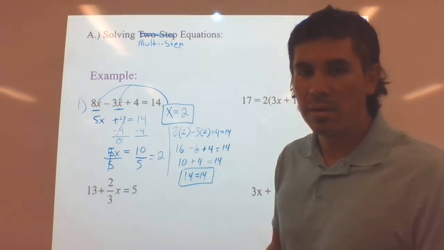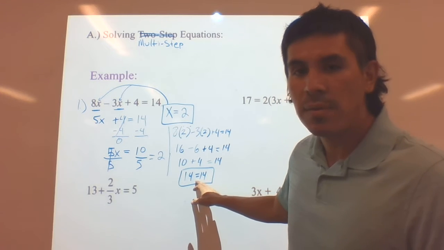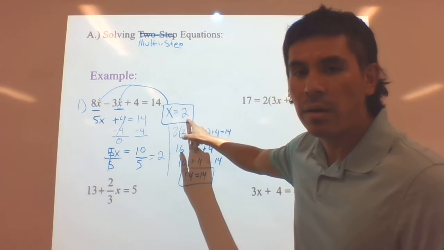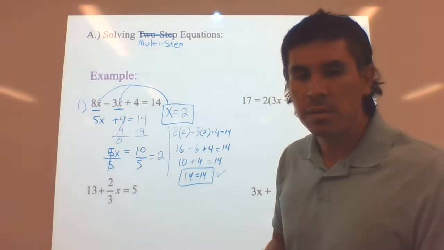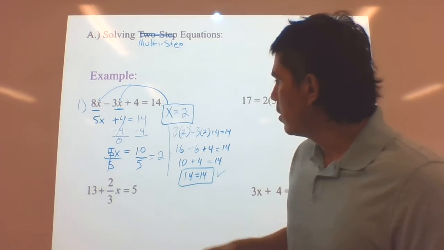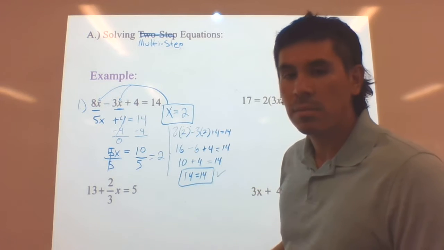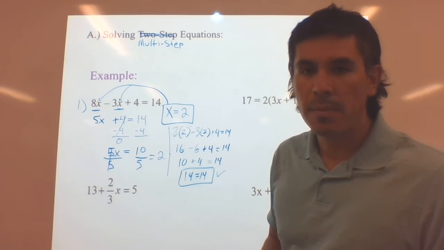That is a true statement. If it is a true statement, that means that our x value is correct. So this is us checking our work to make sure we're doing it right, and that's how we solve for the variable. Okay?